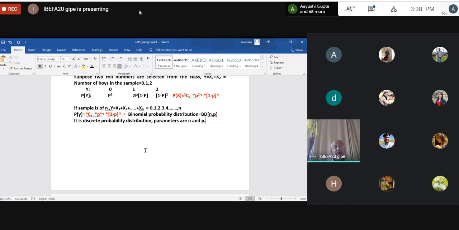This is called binomial probabilities. Binomial probability distribution is defined when your experiment results in either success or failure. Success means your favorable outcome.